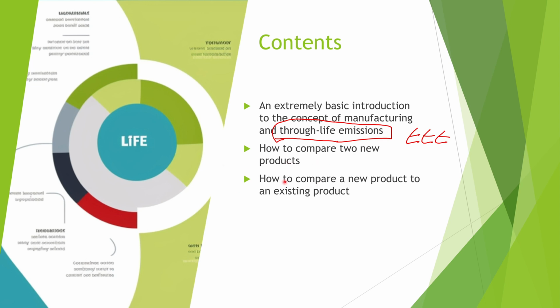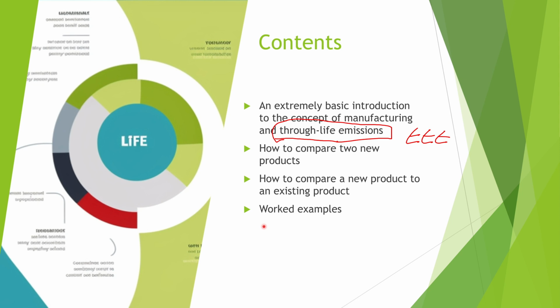So how to compare a new product to an existing product. Now, what I'm not going to do here is go into how to compare a second-hand product to an existing product that you already have, because that's effectively a grey area between these two, and that's a very individual assessment that I can't answer in a more general way at this point.